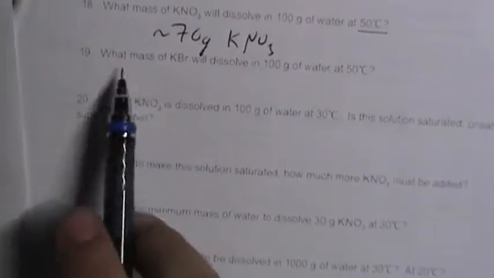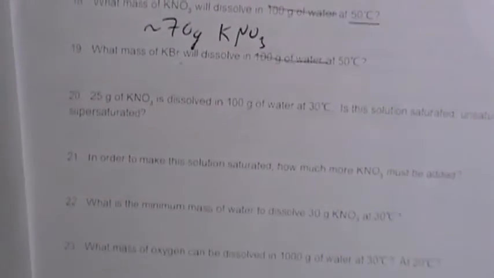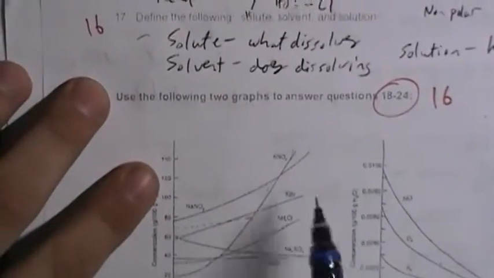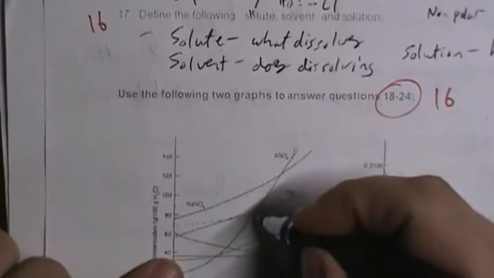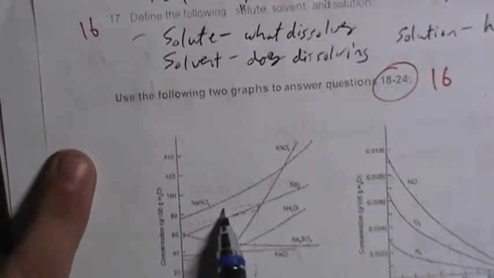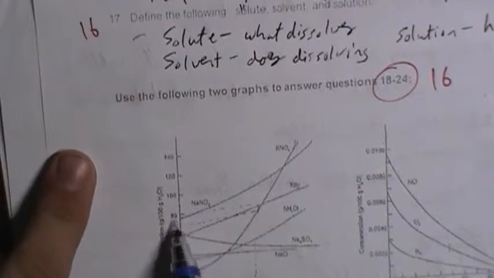Second one. What mass of potassium bromide will dissolve in 100 grams of water? Again, we can just ignore this extraneous information. At 50 degrees Celsius. So potassium bromide, this line. I'll just extend my 50 line up a little smidgen, and then draw another set of lines out over here.